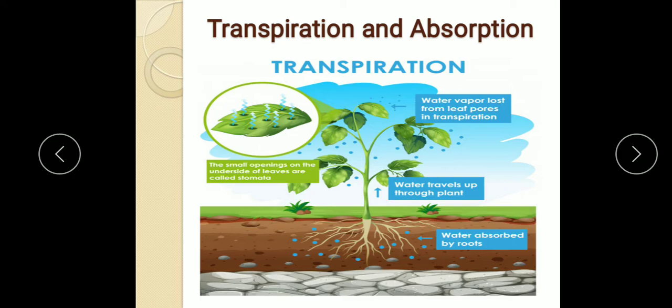If water is lost through transpiration faster than it is absorbed by the root hair cells, then the plant cells tend to lose water, and as a result the leaves, stem and flowers droop. This is called wilting. So understand, the new term wilting is there, underline it in your book.